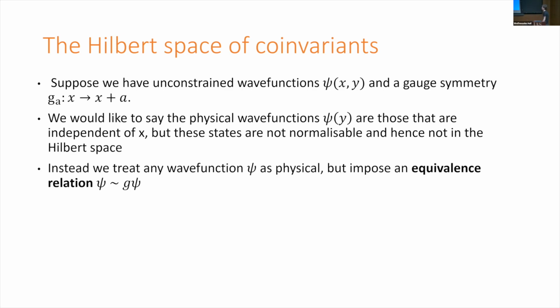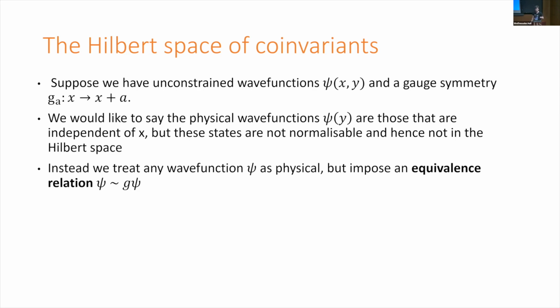So instead, the right way to do it is to say that any wave function psi, not necessarily invariant under the gauge constraints, is a physical state. But then we impose an equivalence relation where two states are the same if they're related by a gauge transformation. So psi of x, y and psi of x plus a, y are equivalent states in this theory. With the usual inner product, that would not be a legitimate thing to do because those states would have different inner products.